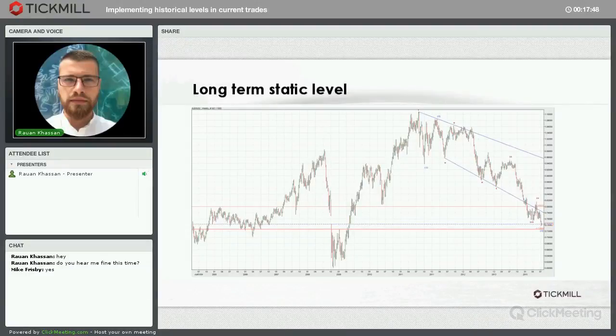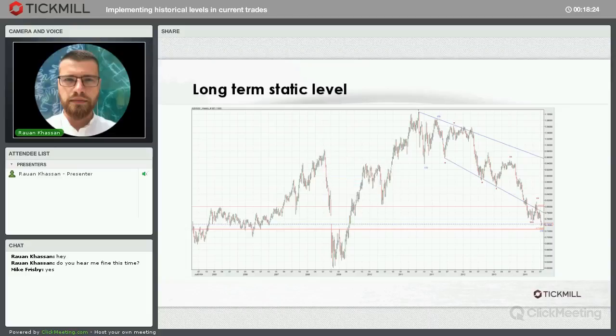Now let's move to long-term static levels. Once again, we start with some example, just to give you a clear understanding of what it means at the beginning. You can see the chart of Australian dollar to United States dollar, and the selected time frame is weekly.